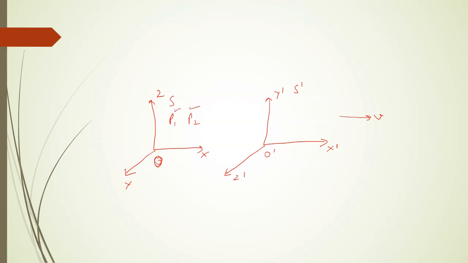These events occur at the same time in the frame S. The coordinates of this position will be x1, y1, z1, and t1, and for this it will be x2, y2, z2, t2. According to the observer in frame S, these events occur at the same time, that is t1 equals t2. This is equation number 1.